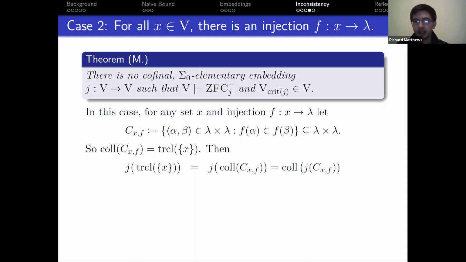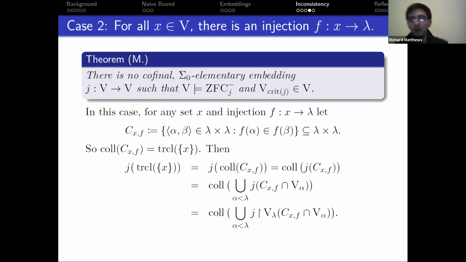is just the collapse of j(C_{x,f}). C_{x,f} and j(C_{x,f}) are both subsets of lambda times lambda. So I can write this as the collapse of the union over each alpha of j(C_{x,f}) intersected with V_alpha. But now each of these C_{x,f} intersected with V_alpha is an element of V_lambda.